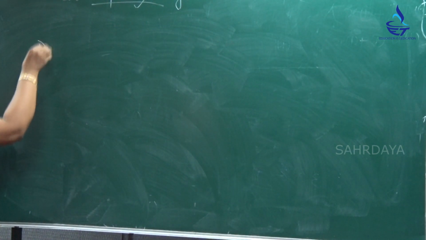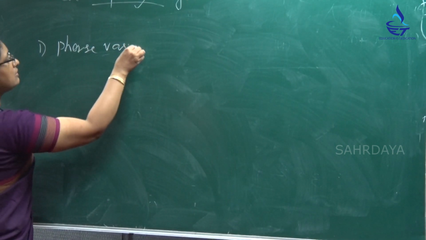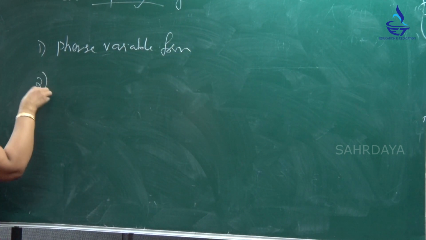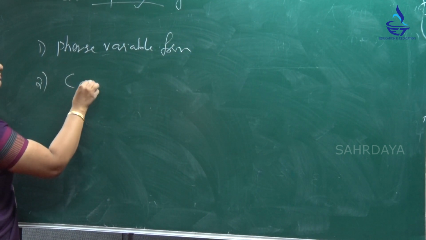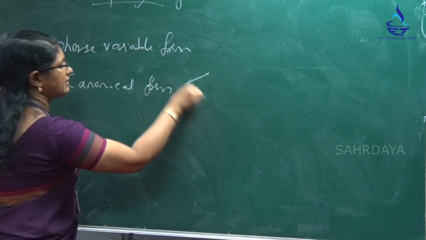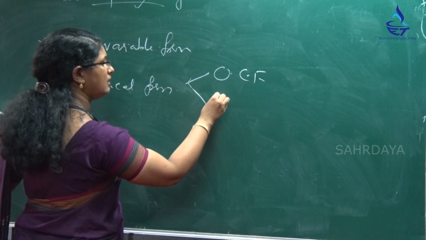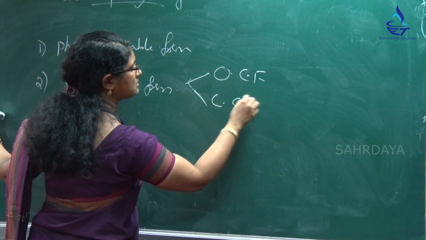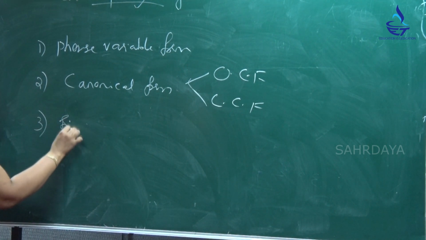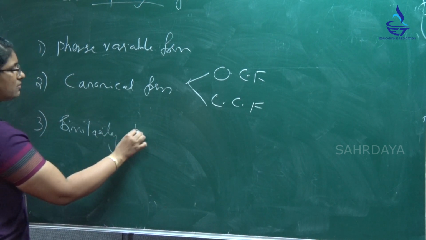The first form is known as phase variable form. Then there are two canonical forms, and they are observable canonical form OCF and controllable canonical form CCF. And there are similarity transformation approaches also, similarity transforms.